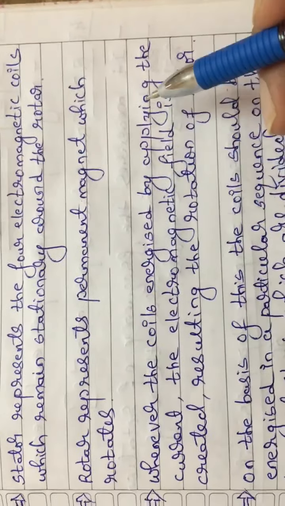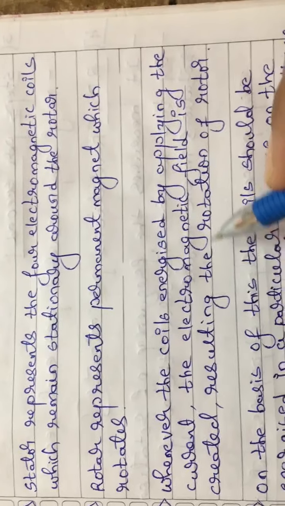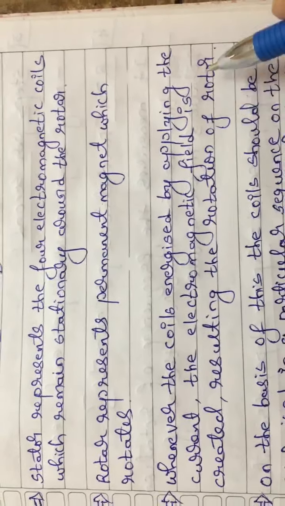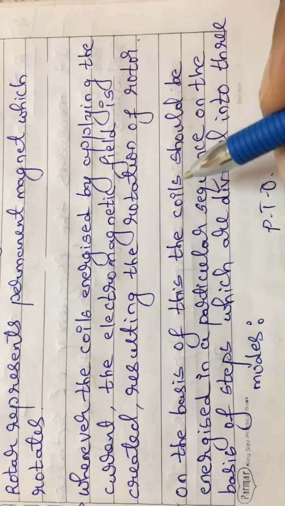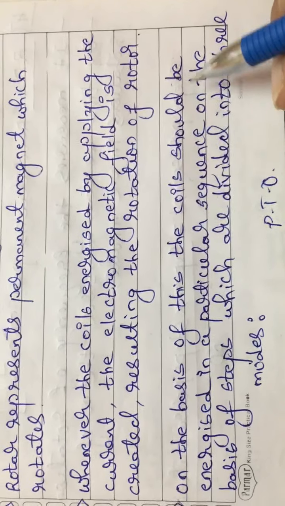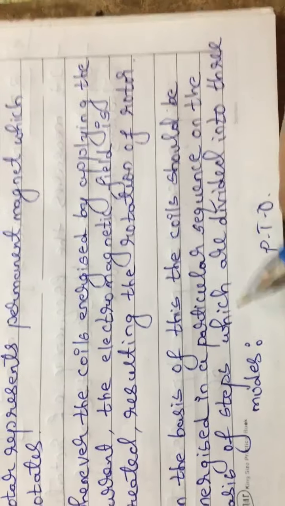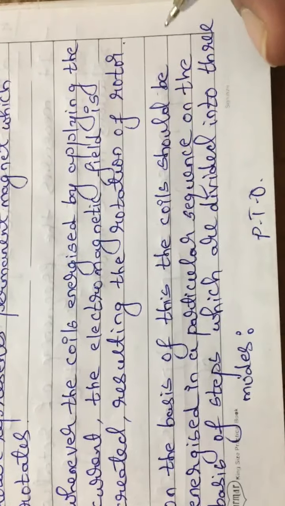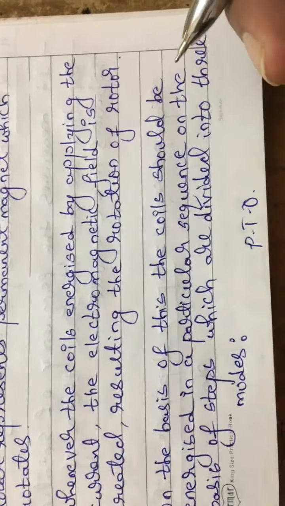Okay, that is what I have written here. Whenever the coils are energized by applying the current, the electromagnetic field is created, resulting in the rotation of the rotor. On the basis of this, the coils should be energized in a particular sequence on the basis of steps which are divided into 3 modes. Then how should the coils be energized?